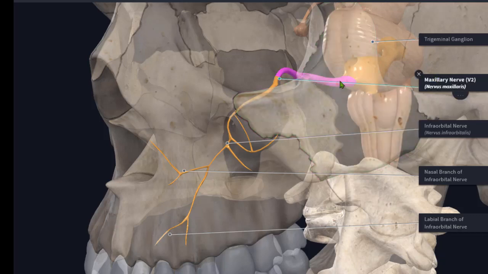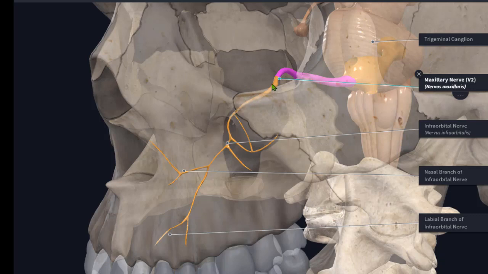The maxillary division comes towards the foramen rotundum, and through the foramen rotundum it comes towards the pterygopalatine fossa. So here you will find the pterygopalatine fossa.